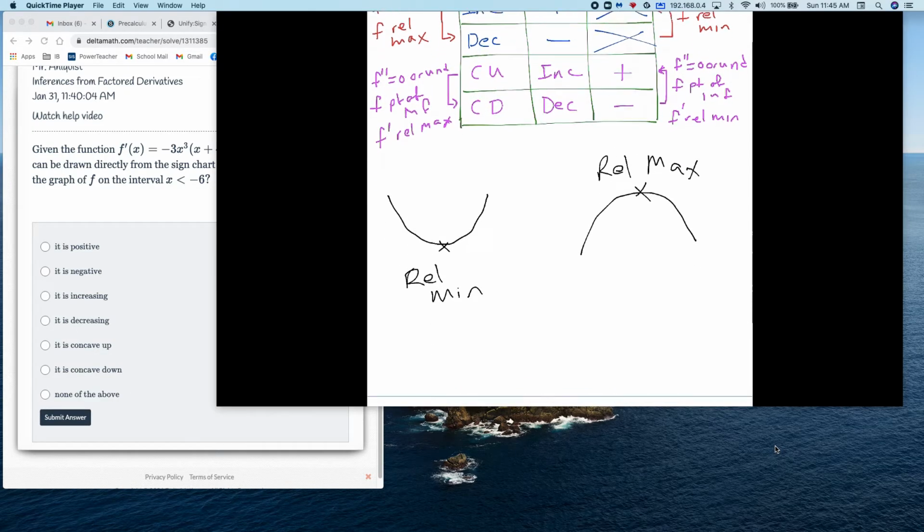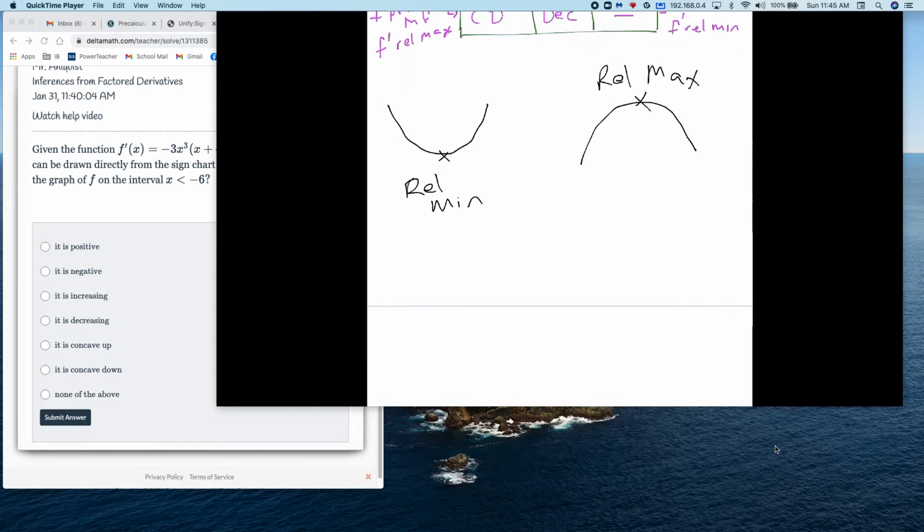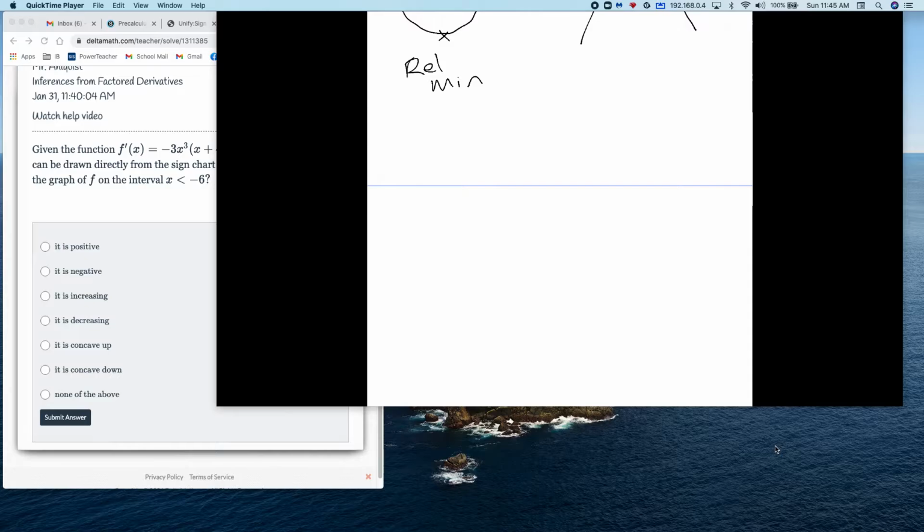Points of inflection are where you get a change in concavity. So a point of inflection is where a graph goes from concave up to concave down. It might go concave down to concave up, and it can be in any direction. But these are points of inflection.